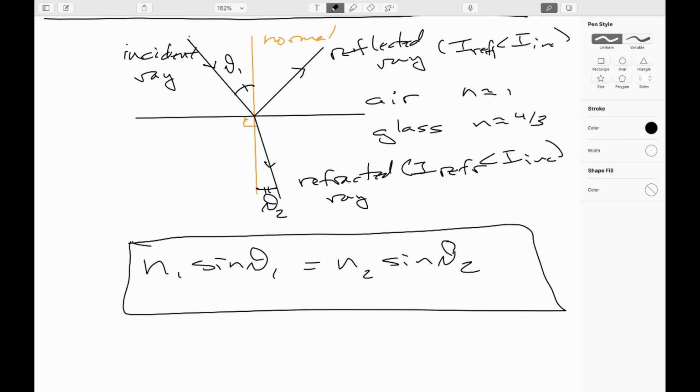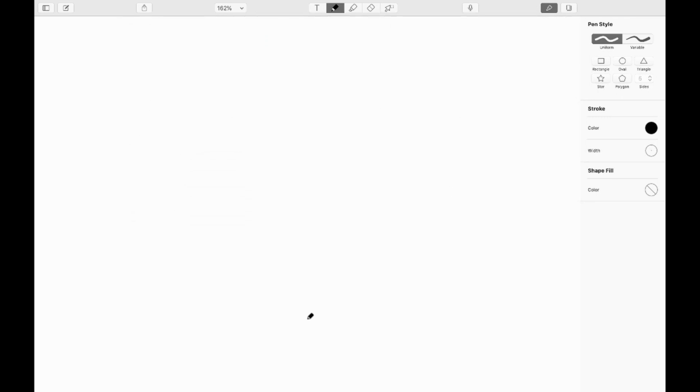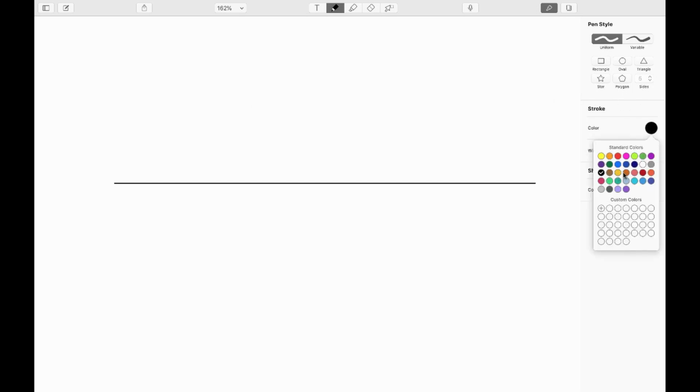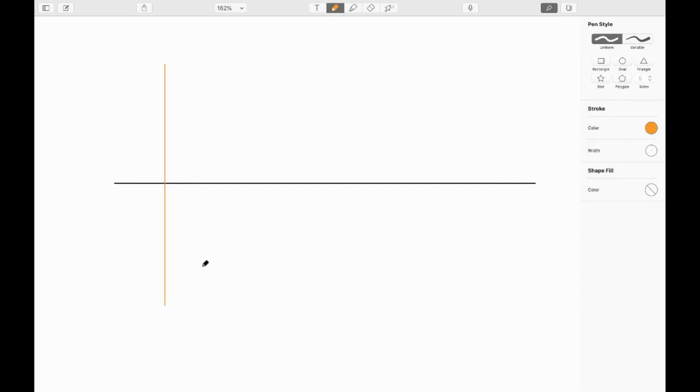Okay. So let's see how that works out from a perspective of Huygens principle. So from Huygens principle, again, let's just imagine that we have an air and a glass interface. So here I'll drop a normal over here. There we go. And I will go ahead and bring in my incident ray.